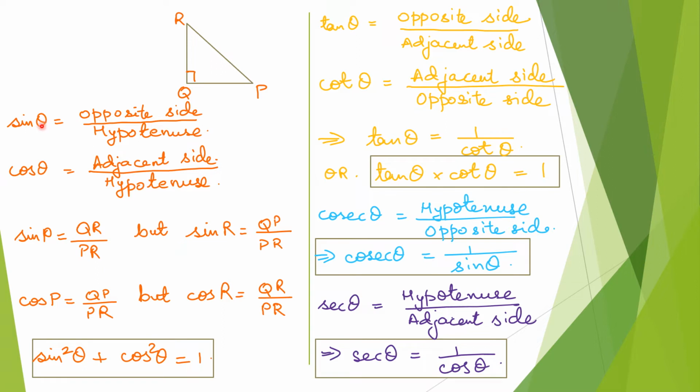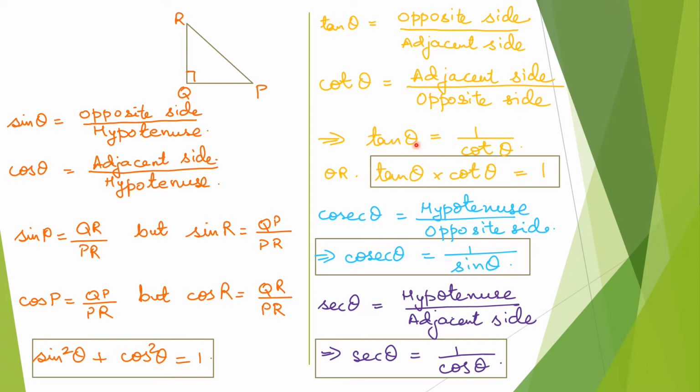So now, having understood sine theta and cos theta, let us take tan theta and cot theta. Tan theta is going to be the ratio of sine theta upon cos theta. So what happens is this hypotenuse gets cancelled and I will get opposite side divided by the adjacent side. And cot is the reciprocal of tan theta.